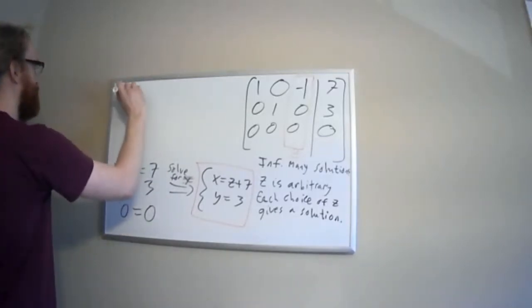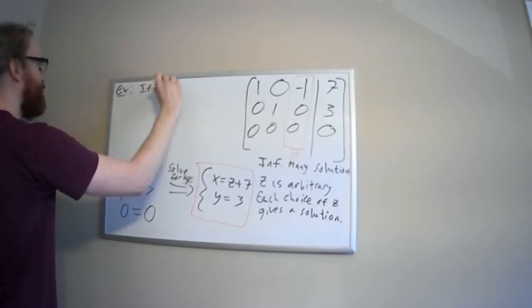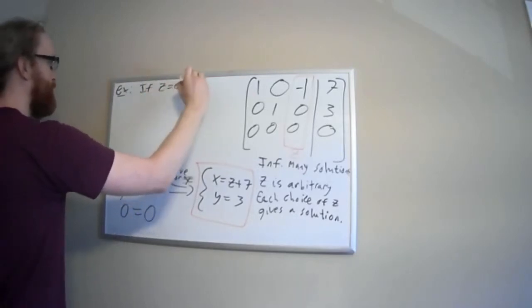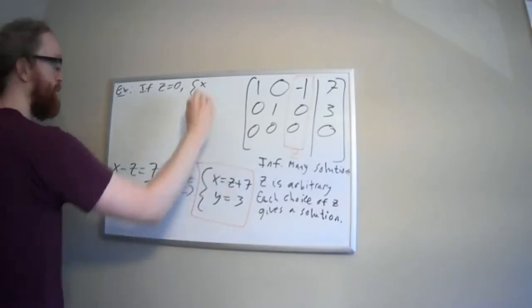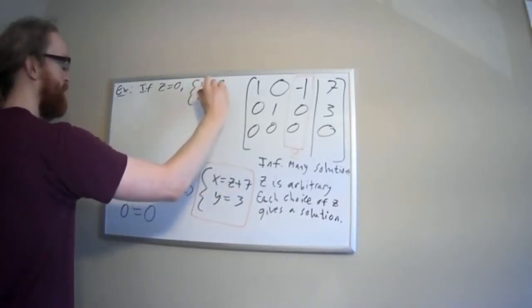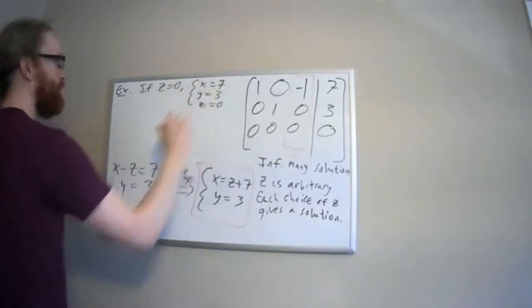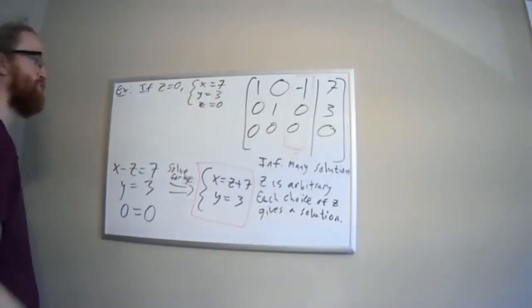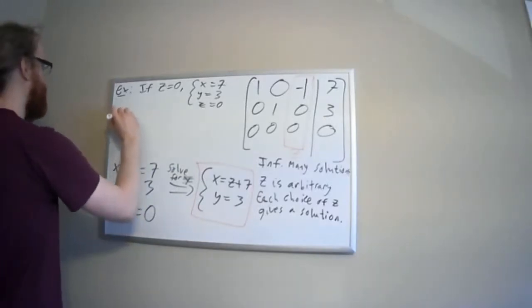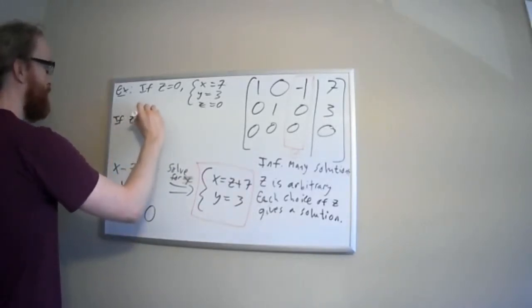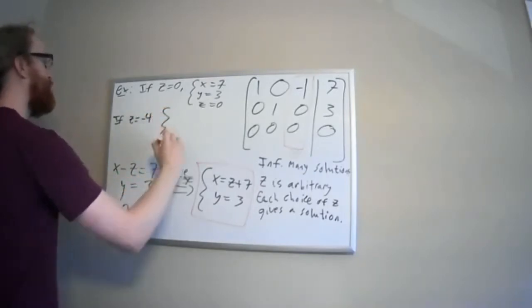So here are some examples of solutions. If z equals 0, I plug in z equals 0, and that's just going to make x equals 7, y equals 3, and z was 0 is what I chose. So there's one solution. If you go back to the original system of equations and check, this should be a solution. Here's another solution. Z equals -4.